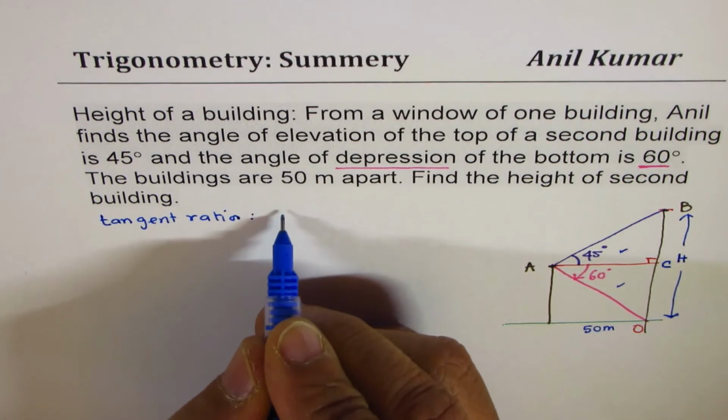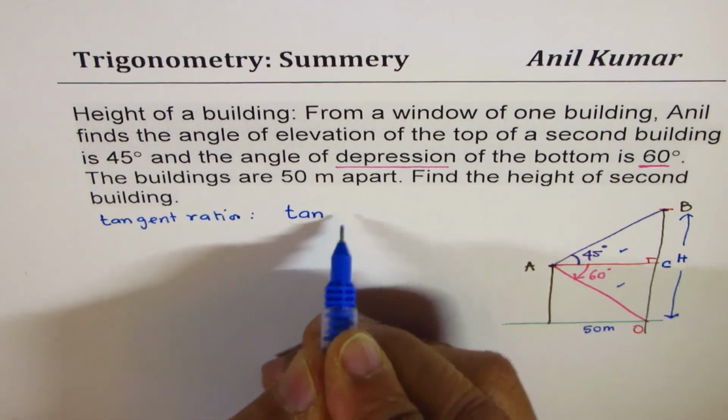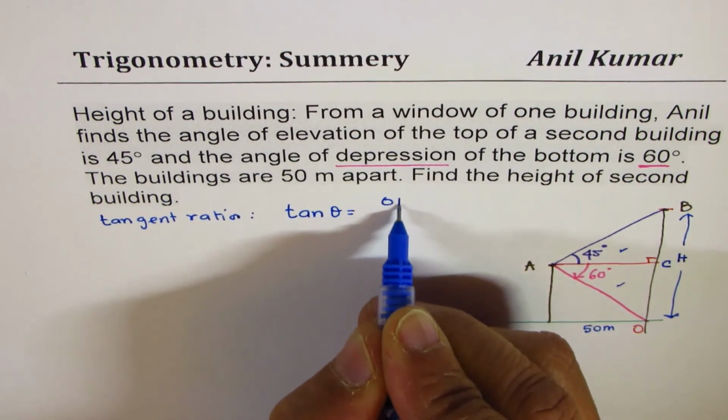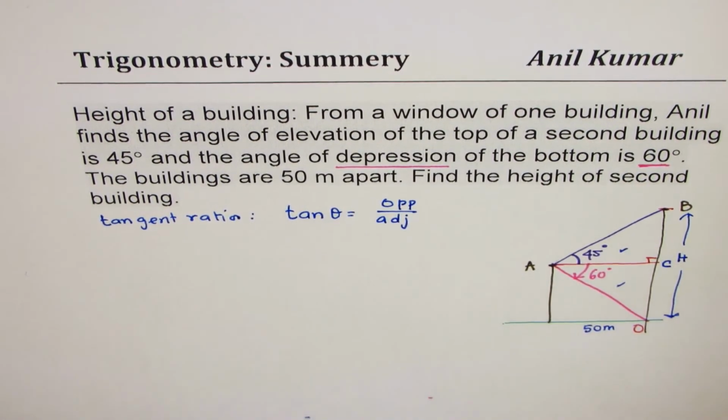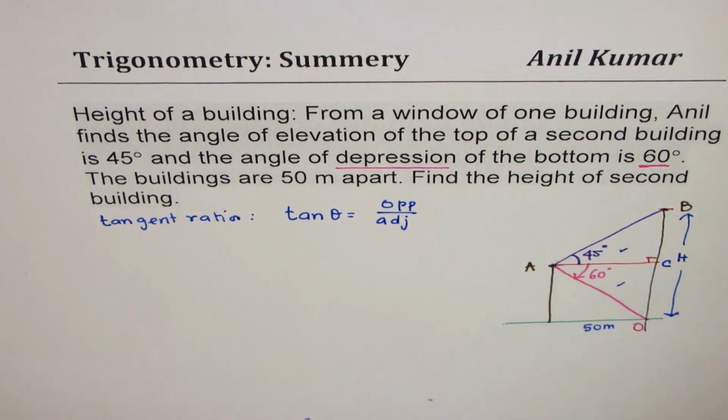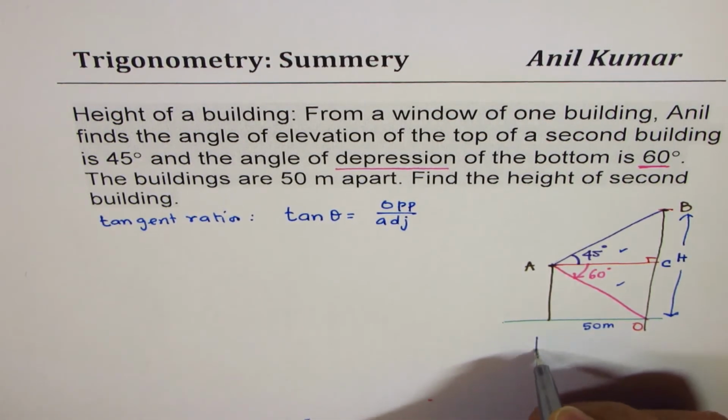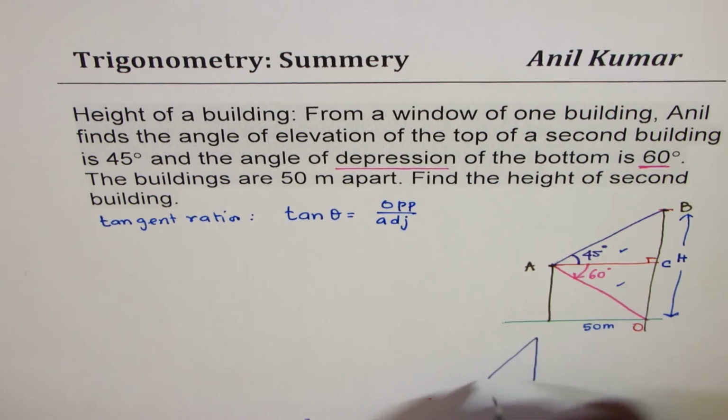Okay, so what is tan? Tan of an angle theta is opposite side over adjacent side, correct? Second, these two triangles remind you of special triangles, the 45 degrees and the 60 degrees ones. Let me sketch these triangles here.